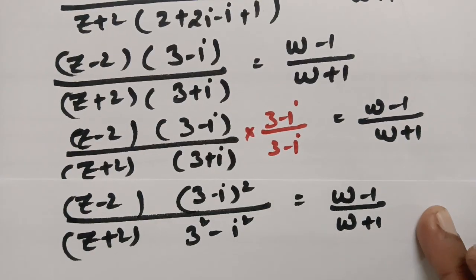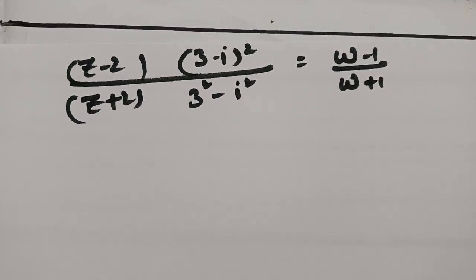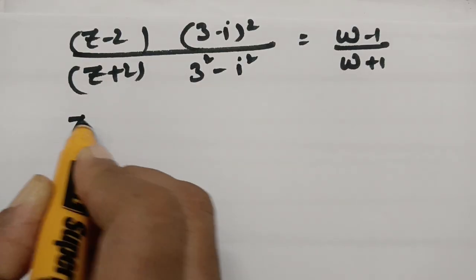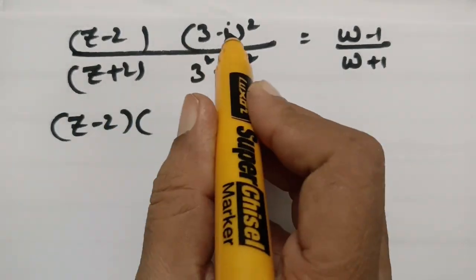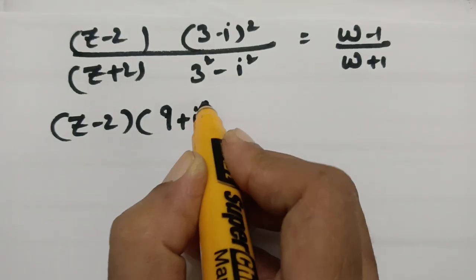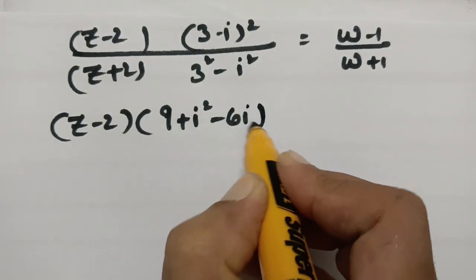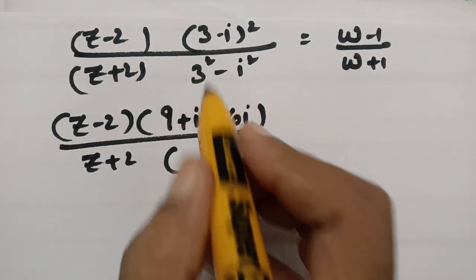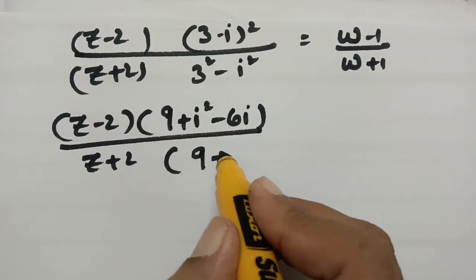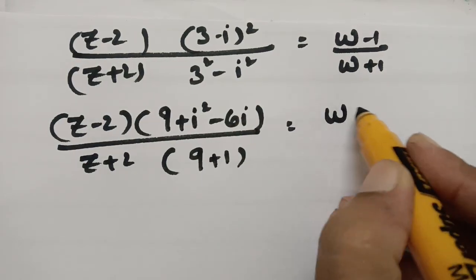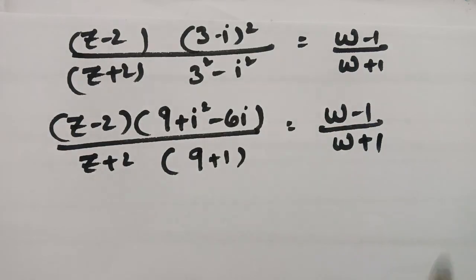And (a - b) whole square is nothing but a squared plus b squared minus 2ab, divided by, z + 2, so 3 squared value is 9, minus i squared value is minus 1, this value is plus 1. So here this is w - 1, and w + 1.